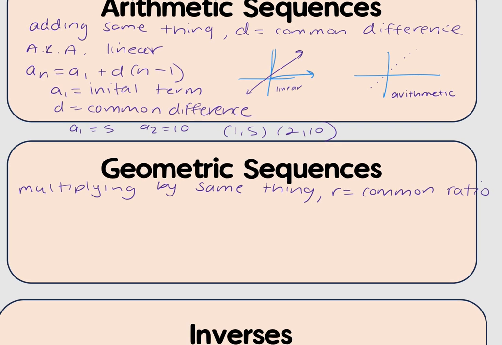This one is an equals a1 times r to the n minus 1. And this was your big little scenario. We talked about this a little bit last week in the FRQ. If you don't have sequential terms, then you would do a of the bigger base equals a of the smaller base times r to the big minus small.